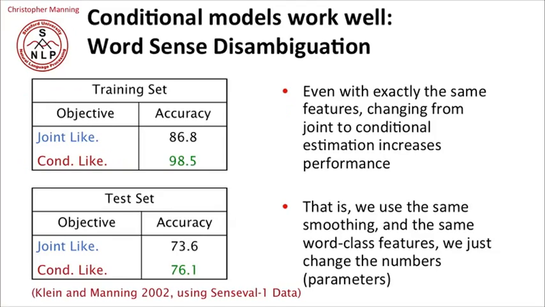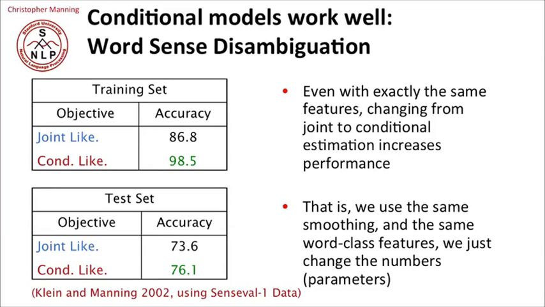This slide gives some initial motivation for being interested in conditional models by showing that they have high performance. In this slide, I show the results of some experiments done by Dan Klein and me in 2002. The task here was word sense disambiguation, but essentially that's the same task as text classification that we've looked at earlier, where you're wanting to choose one of a number of senses of words, such as for star, whether it's a rock star or an astronomical object, based on the evidence of the words around it that you see in the document.